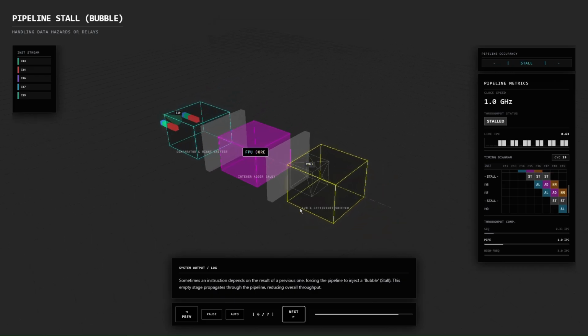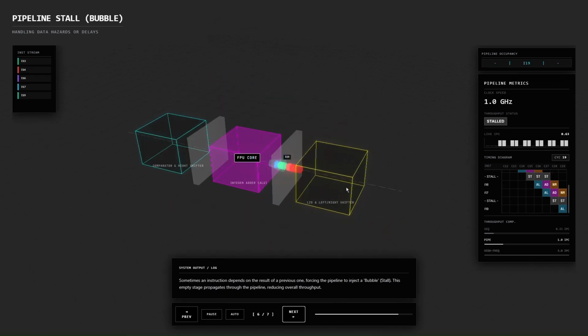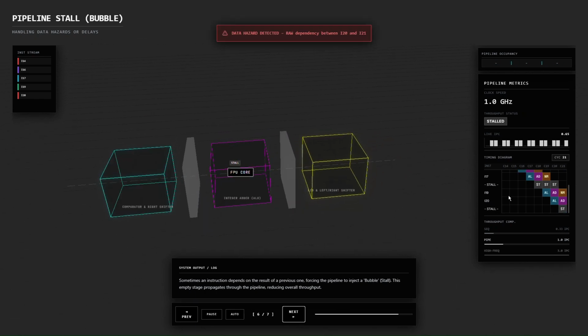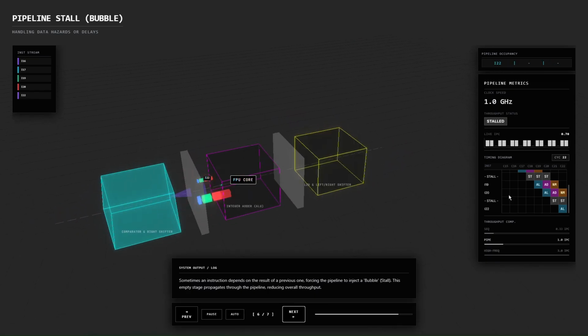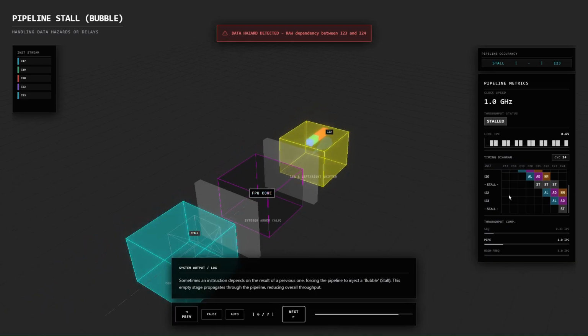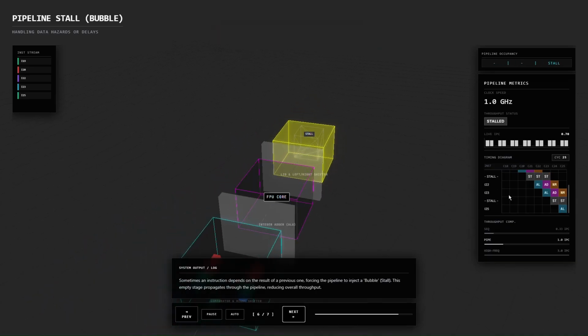And watch what happens to the IPC. It drops from 1 to 0.66. Throughput takes a hit. This is called a data hazard, and it is one of the classic problems in processor design.